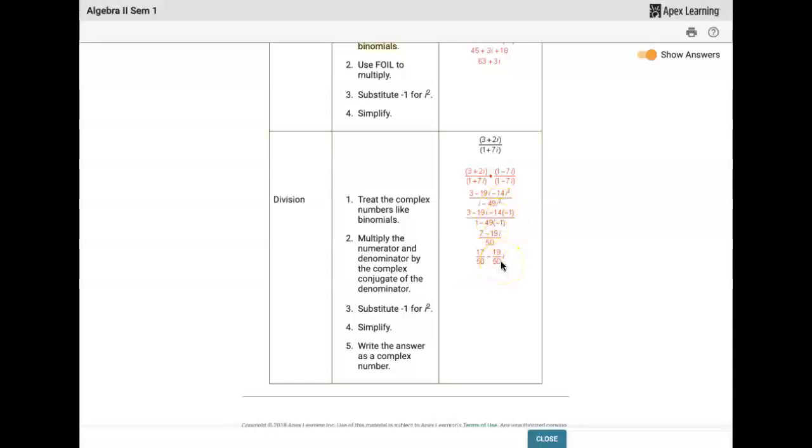When we look at the top, we are able to FOIL this top part, combine like terms, and simplify. And then the final step is we have to make sure we write this as a complex number, so you've got to have a real part and imaginary part. So you divide both of the numbers on top by the denominator on bottom.